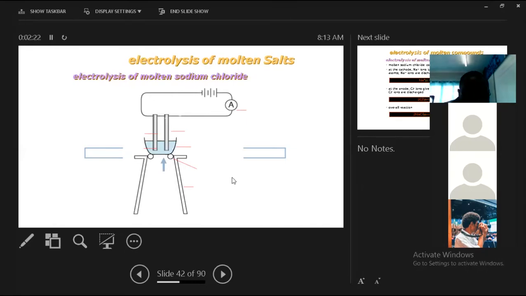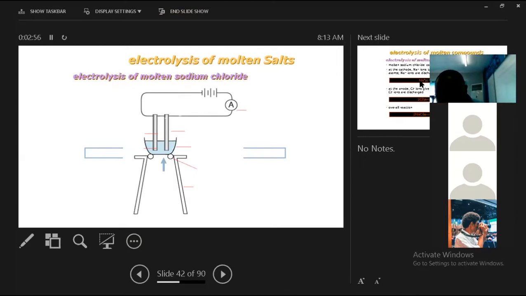So molten sodium chloride will have Na+ and Cl-. When the current is switched on, the Na+, which is the cation, will move to the cathode, and the anion, Cl-, will move to the anode.